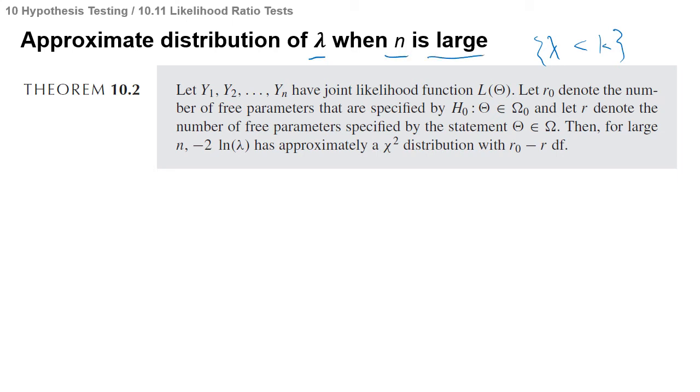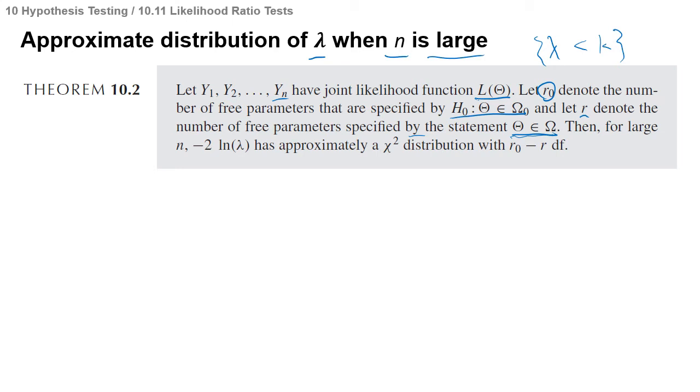Let y1 to yn have a joint likelihood function of this form, and let R0 denote the number of free parameters that are specified by the null hypothesis, and let R denote the number of free parameters specified by the whole space, theta inside of omega.